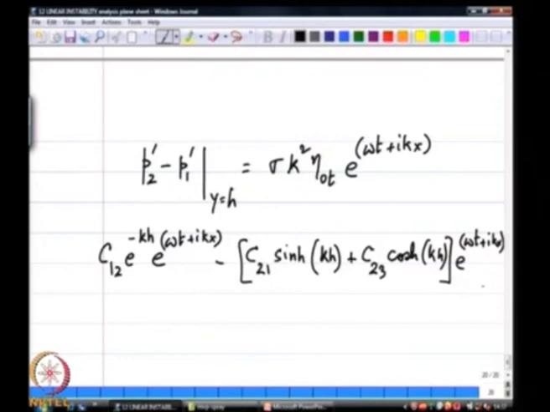So, this is simply the left hand side of this equation. The right hand side says sigma k squared eta 0 t e power omega t plus I k x.